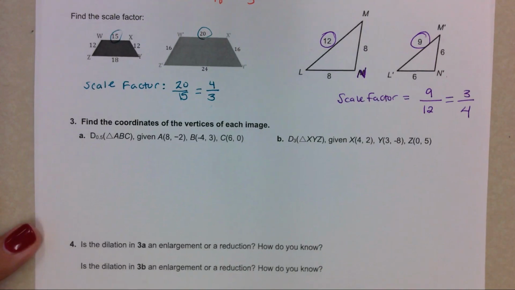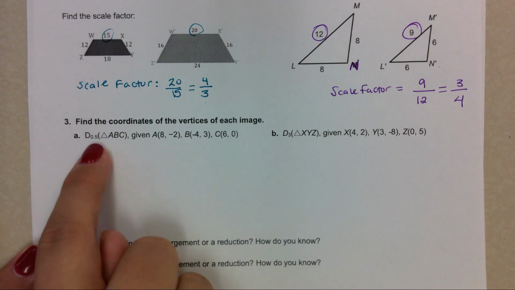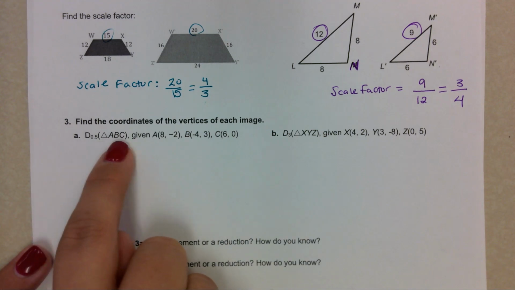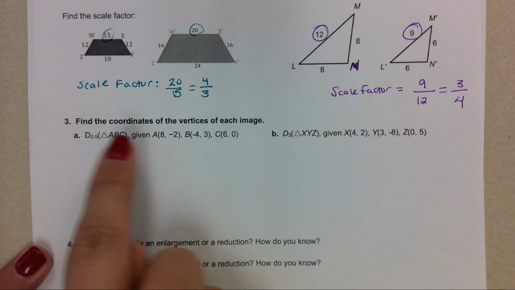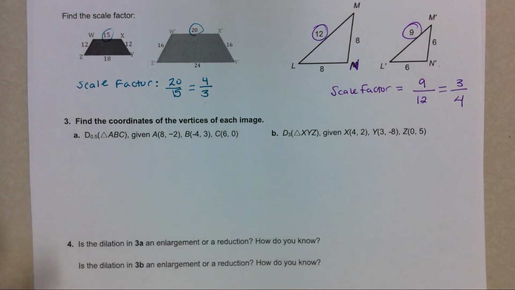Okay, next let's take a look at number 3. Number 3 says find the coordinates of the vertices of each image. So we want a dilation with a scale factor of 0.5 of triangle ABC, given that the coordinates of ABC are the ones that we see here.